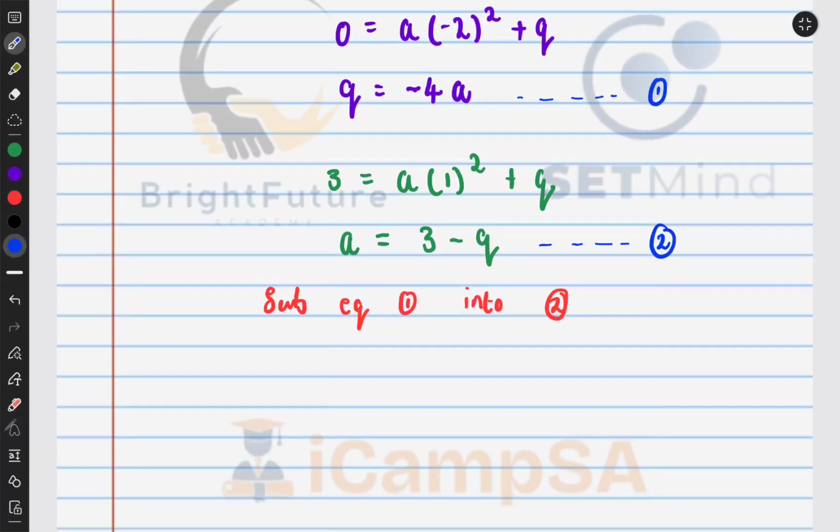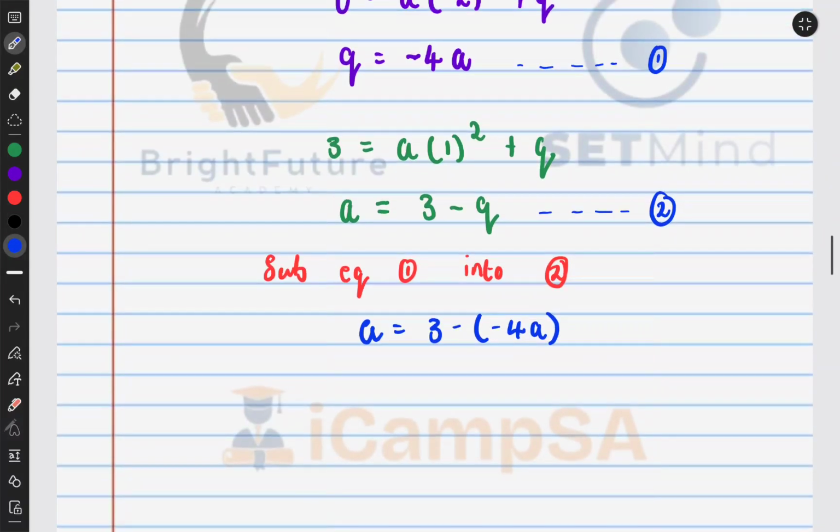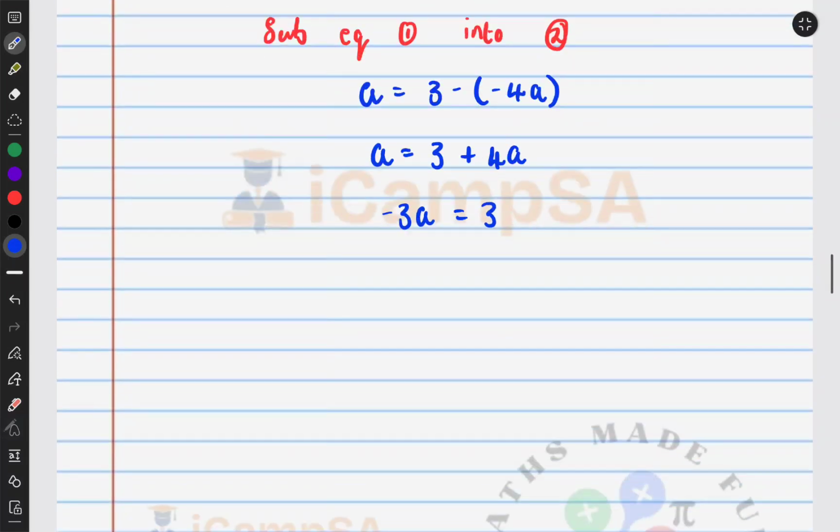Okay, so we're gonna have a is equal to 3 minus, what is the value of q, minus 4a. Okay, a is equal to 3 plus 4a. I'll put the a's on the one side. We're gonna have a minus 4a, minus 3a is equal to 3.